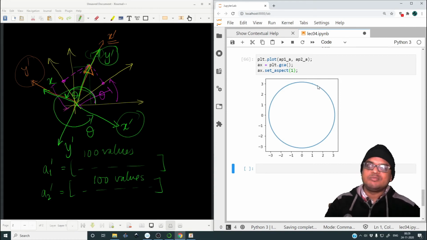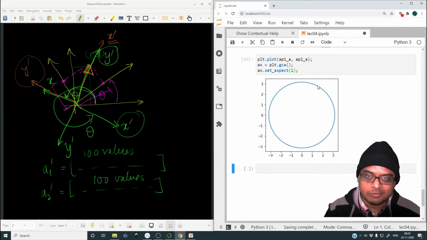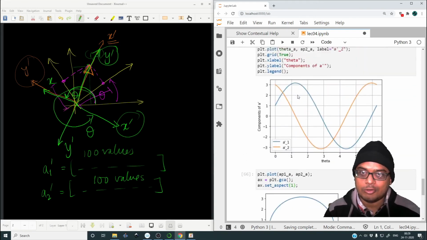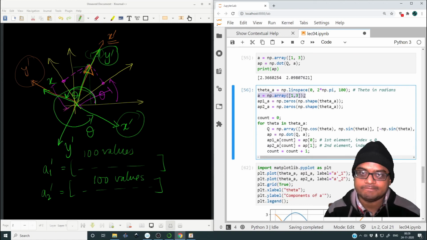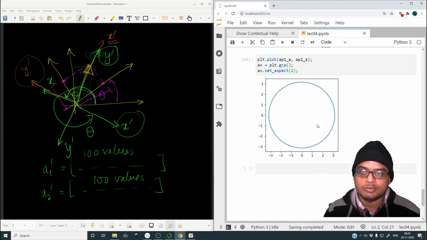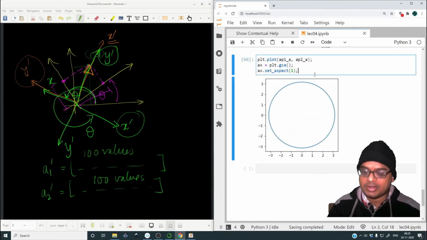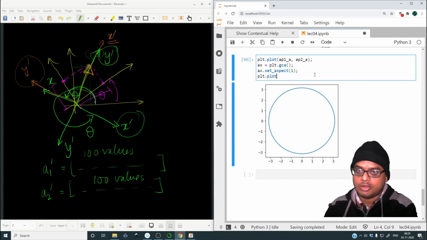In fact, let me superpose on top of this the original components. So the original components were this. Okay, so let me superpose that particular point as well. So plt dot plot. So this will be a0 comma a1, and let me put a black colored circle over there.